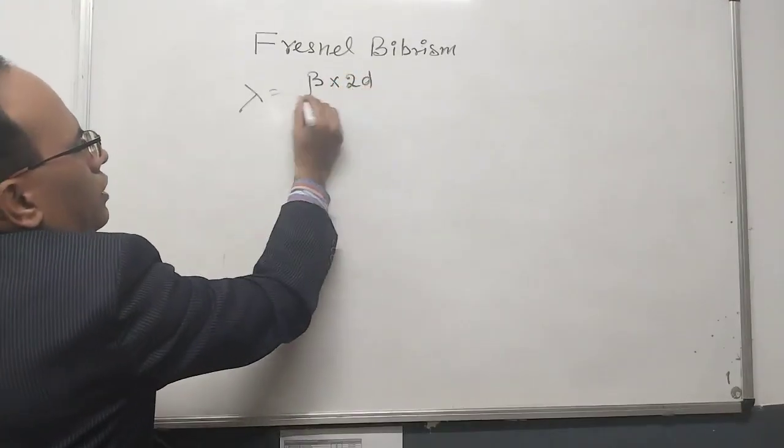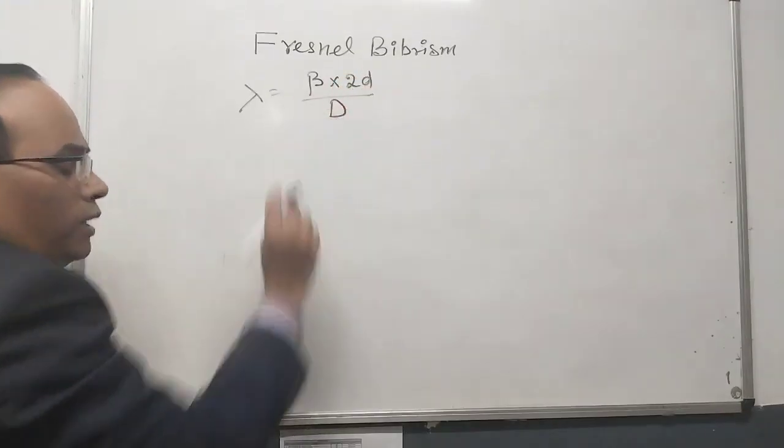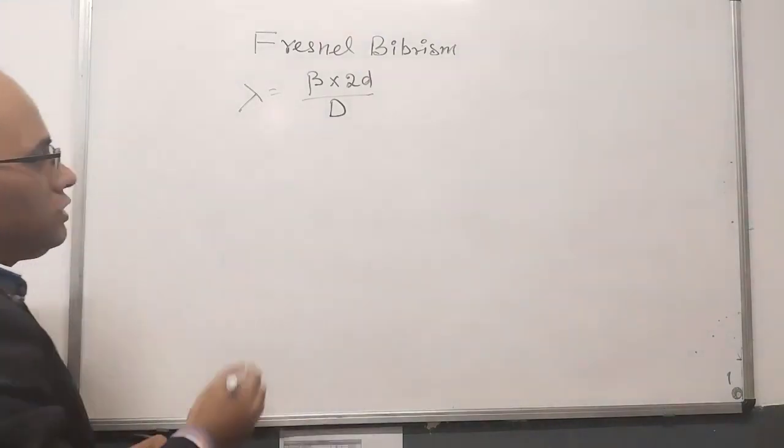The formula that I wrote earlier is lambda equal to beta into 2d upon capital D. In this formula, remember, three measurements are required. One is the measurement of fringe width.